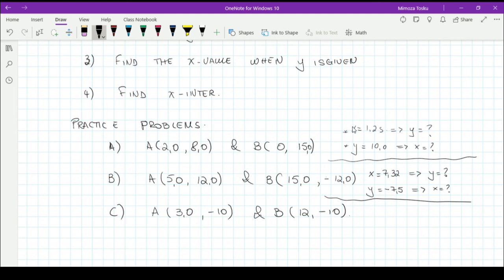And for the third one, you will have to find the value of y when x is given as 4.35. What is y?